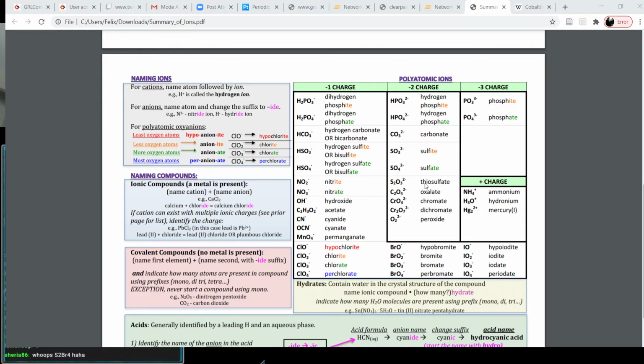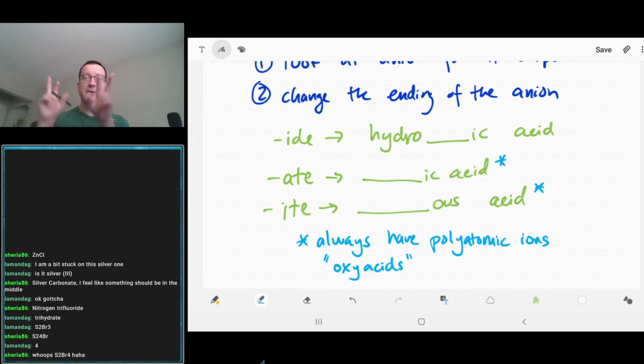Look at this whole bottom 12, all oxygen. Everything here except cyanide, oxygen. Oxygen's everywhere. So as a result, we sometimes refer to these as oxyacids. Notice also the one that does not have an oxygen, the only one on our list, is cyanide, and note that does not have an ate or ite ending. So every time you see an ate or an ite, that's telling you you have a polyatomic ion, and that polyatomic ion will have oxygen in it. So sometimes you'll see these called oxyacids.